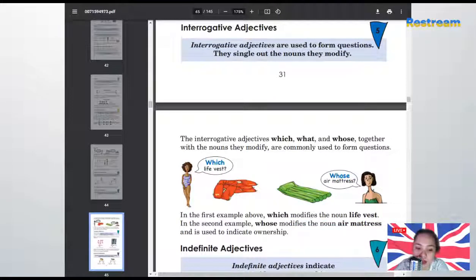So which describes or modifies the life vest, while whose modifies or describes the air mattress. So you're actually asking with this because it is a form of question, right?